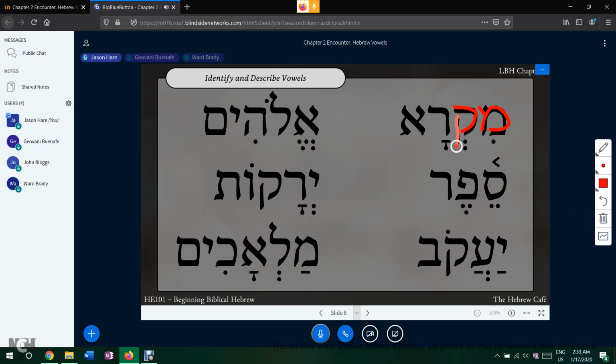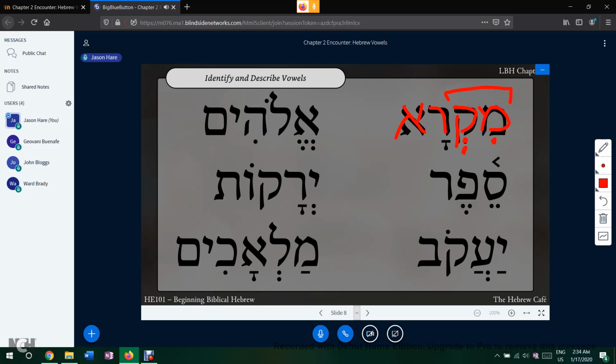This letter is Kuf. This one Resh and Aleph. So if we add the vowels, this single dot is E, mi. These two dots are shva. This forms a closed syllable and we get mik.